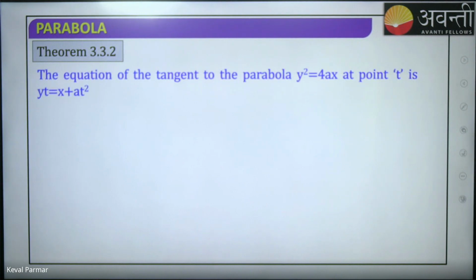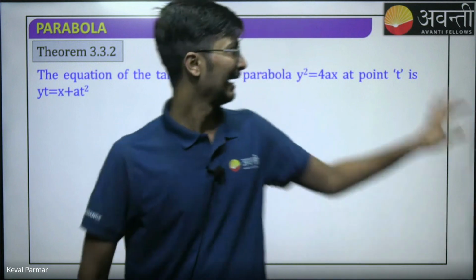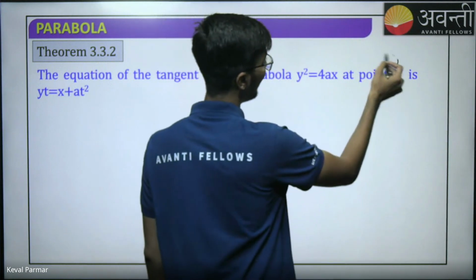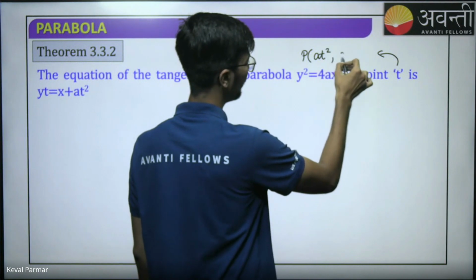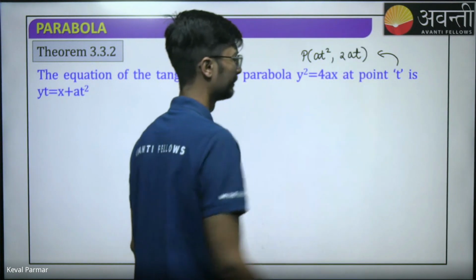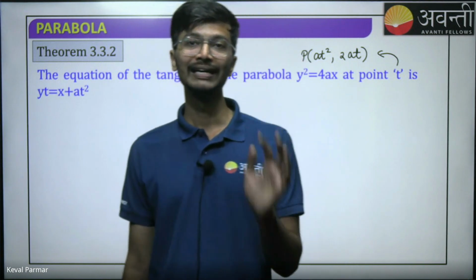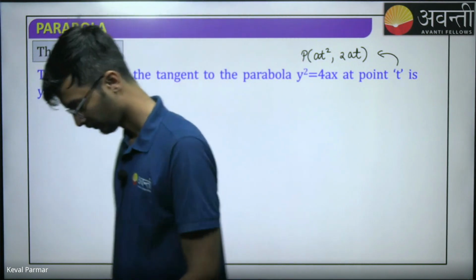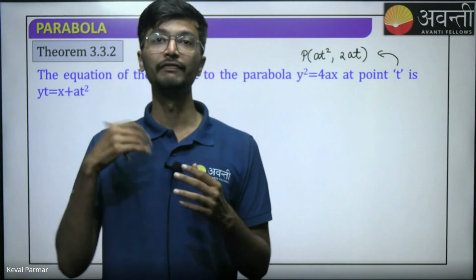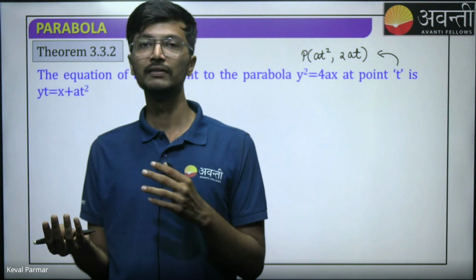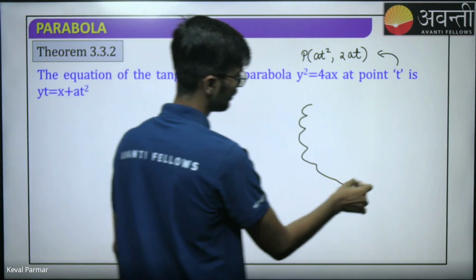The next theorem is the equation of the tangent to the parabola at point t. What is meant by at point t? Let this be point P, at square comma 2at. I hope you remember how we got the equation of the tangent. We used differentiation. Or we can also use substitution, right?